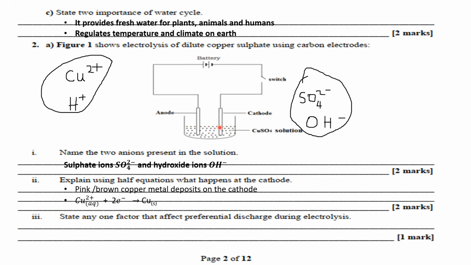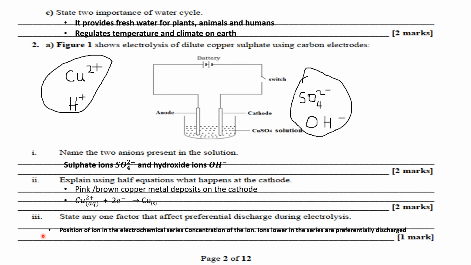If a substance is being reduced, listen carefully, it's being reduced, meaning it's gaining electrons, then the atoms of that are going to form on the cathode. If the substance is oxidized, it means that substance will have to lose electrons, and its atoms will form on the other electrode. So there are factors that govern that.